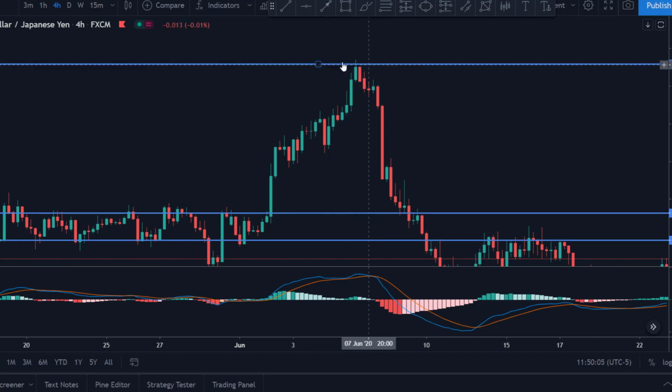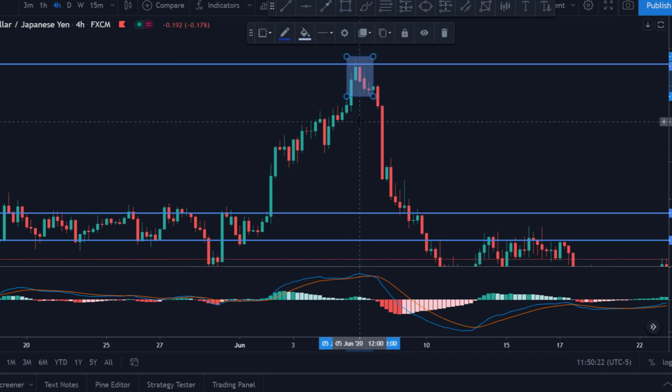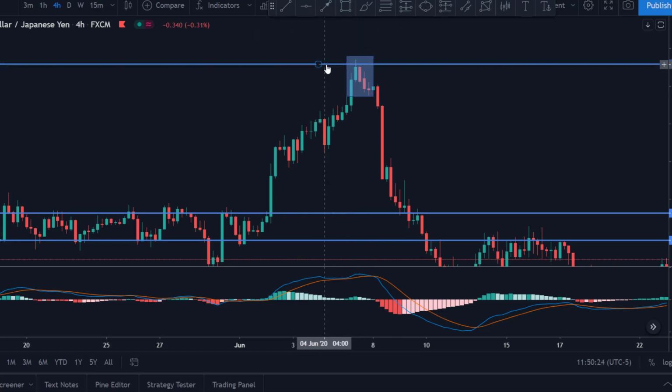Second signal, our resistance, and our third signal was this crossover in our MACD indicator, and the change of the histogram. Here was our first and second signal with this candlestick pattern and the resistance. The third signal was after the crossover, right here in this other red candle.